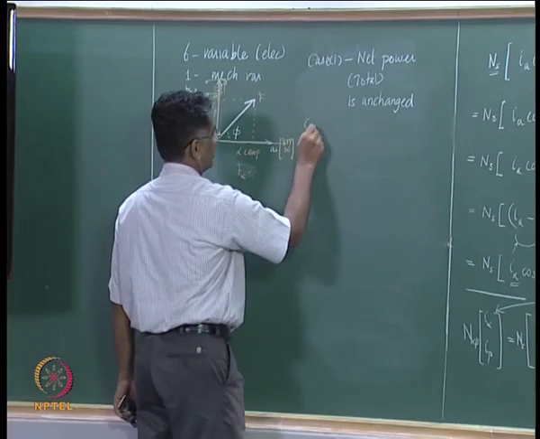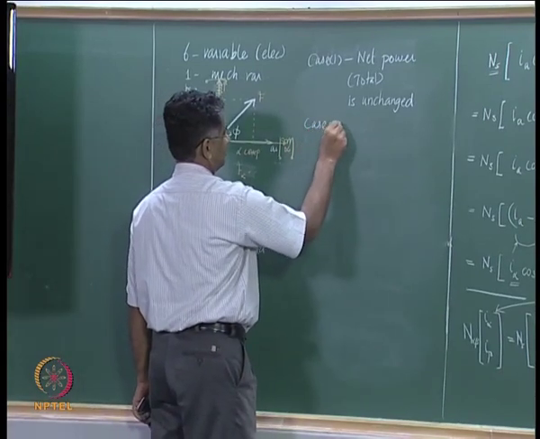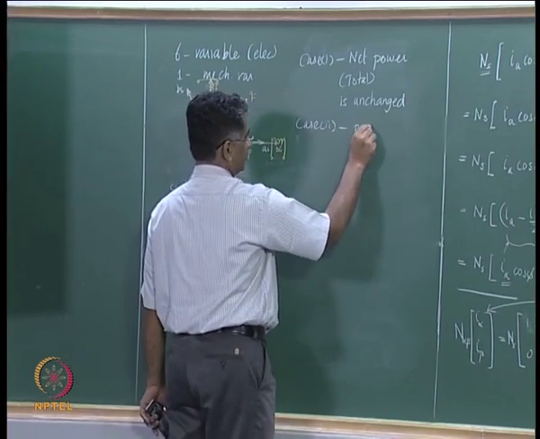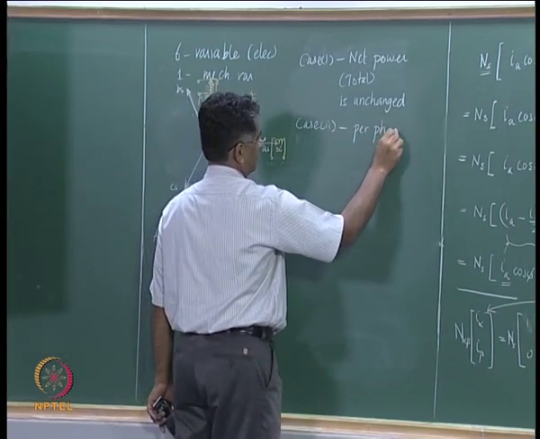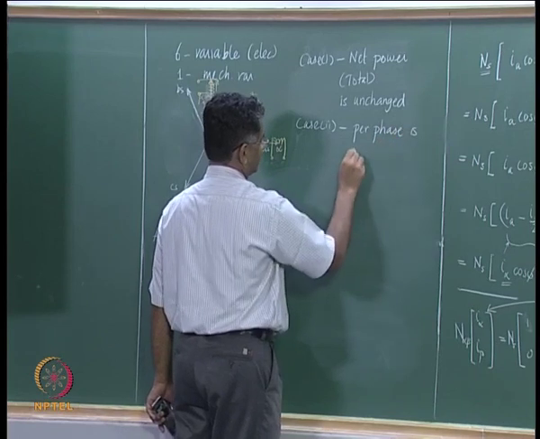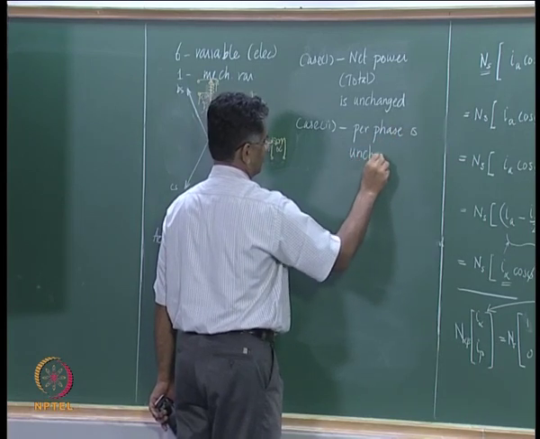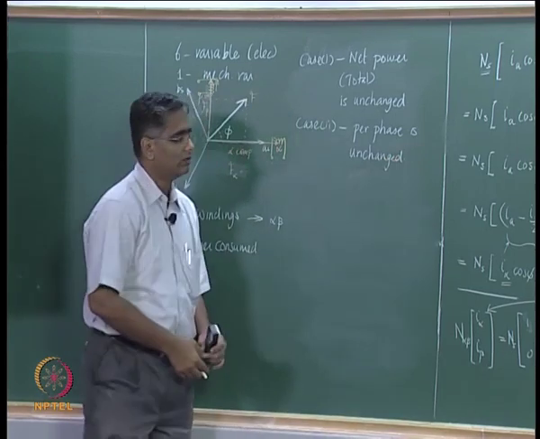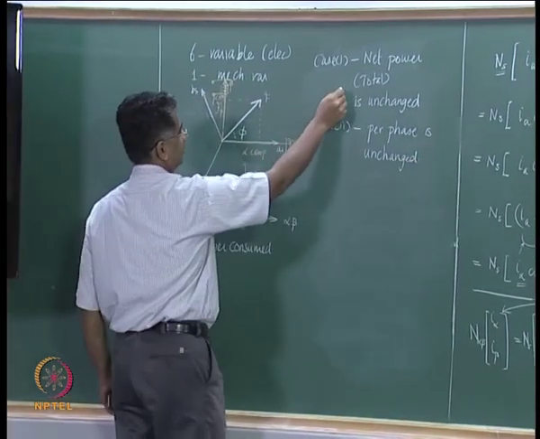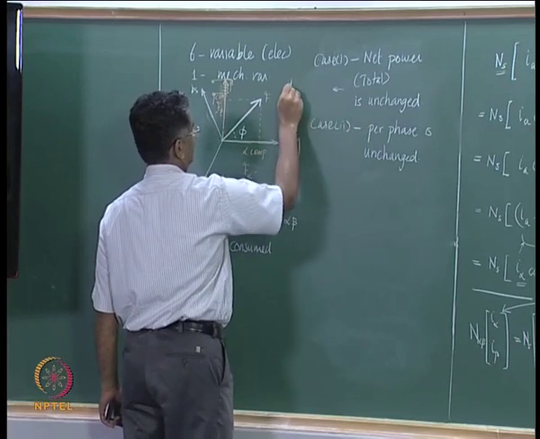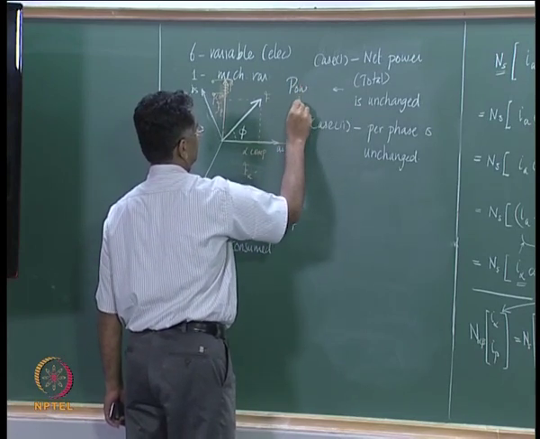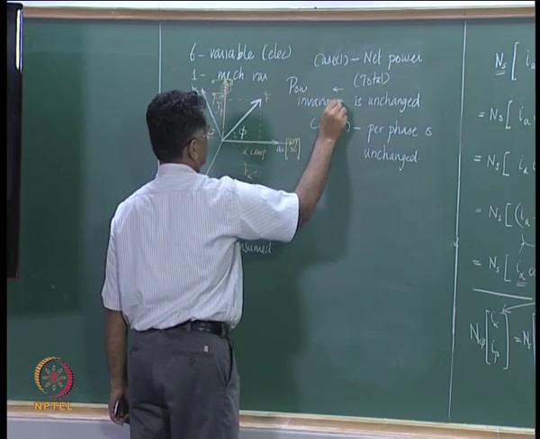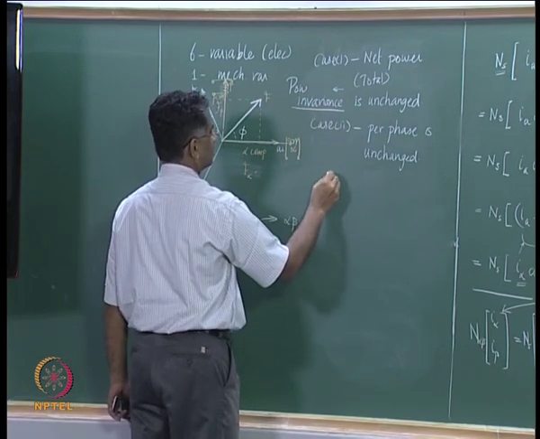Or one can look at another case where we can say that per phase power is unchanged. So this situation is called power invariancy. This is power invariance, this is non-invariant.